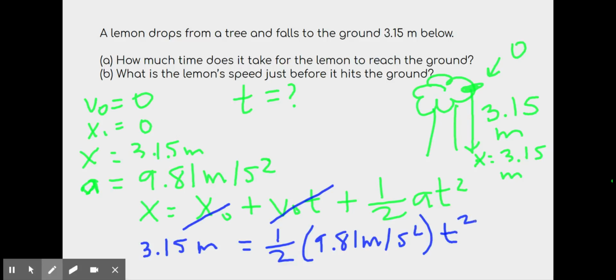And when you do the math here and you rearrange and you solve for t, you will find that t is equal to 0.801 seconds. So that is how long it would take this lemon to reach the ground. And I will leave the speed for you to calculate. So take a moment to do that.